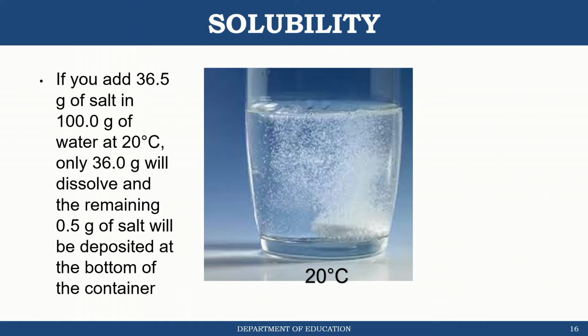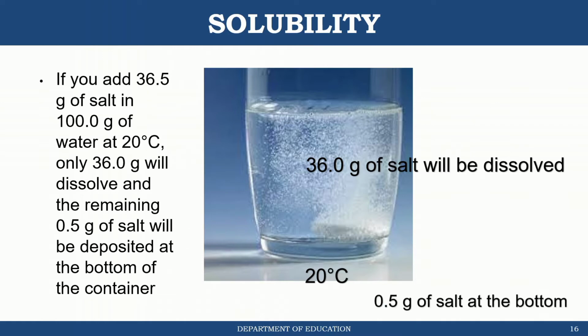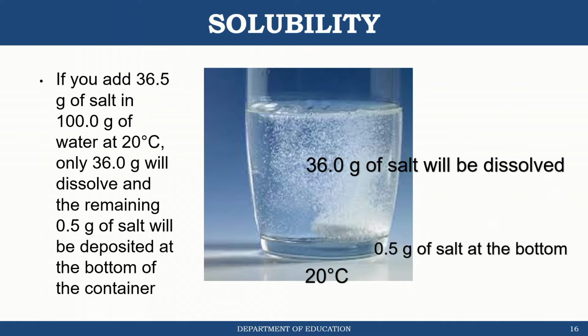This means that if you place 36.5 grams of salt in 100 grams of water at 20 degrees Celsius, only 36 grams will dissolve, and the remaining 0.5 grams will be deposited at the bottom of the container.